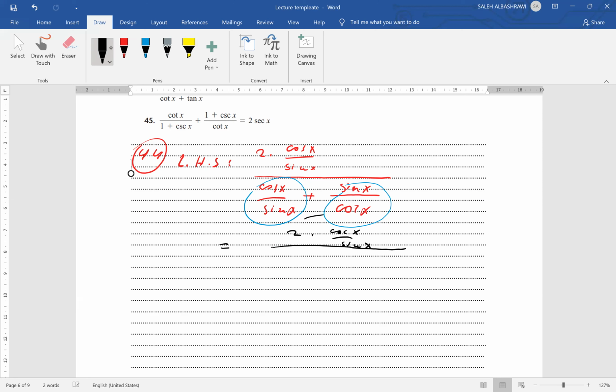And down, if you multiply this cosine over cosine, or cosine times sine and cosine times, I will have cosine times cosine will give me cosine square plus sine times sine will give me sine square divided by sine x multiplied by cosine x. This identity cosine square plus sine square is equal to 1.